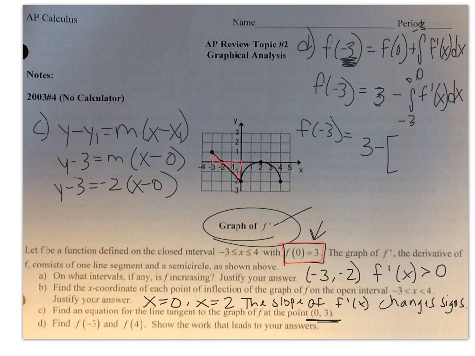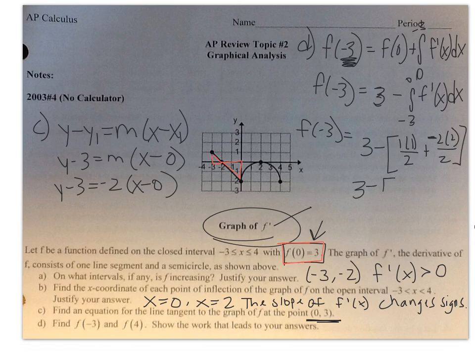The little tiny one has positive area because it's above the x-axis, and the big one has negative area because it's below the x-axis. The little tiny one is base times height divided by 2. The base is 1, the height is 1, and then I divide that by 2. And I'm going to add that to the negative of the area of the one underneath the x-axis. The base is 2, the height is 2, and then I divide that by 2.